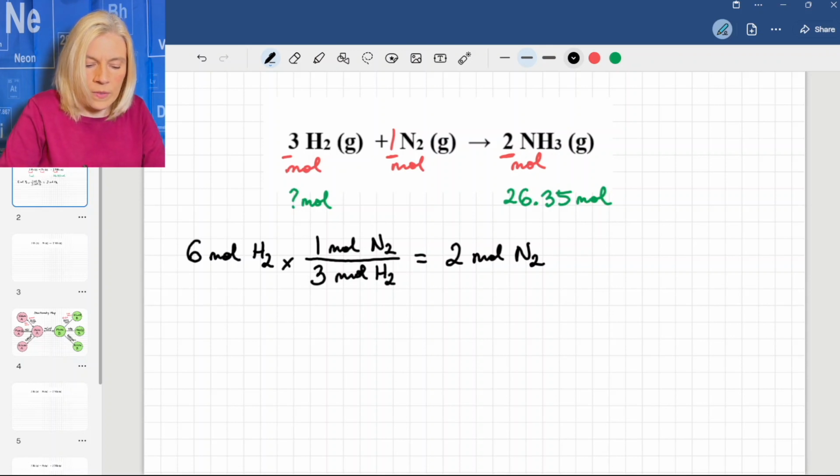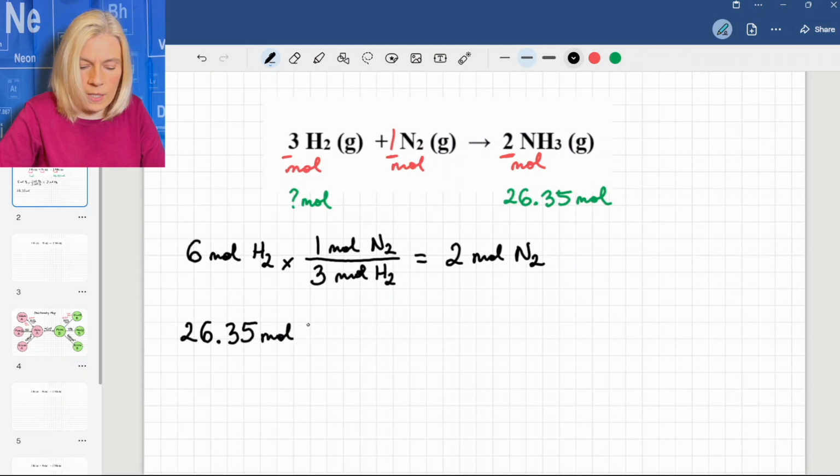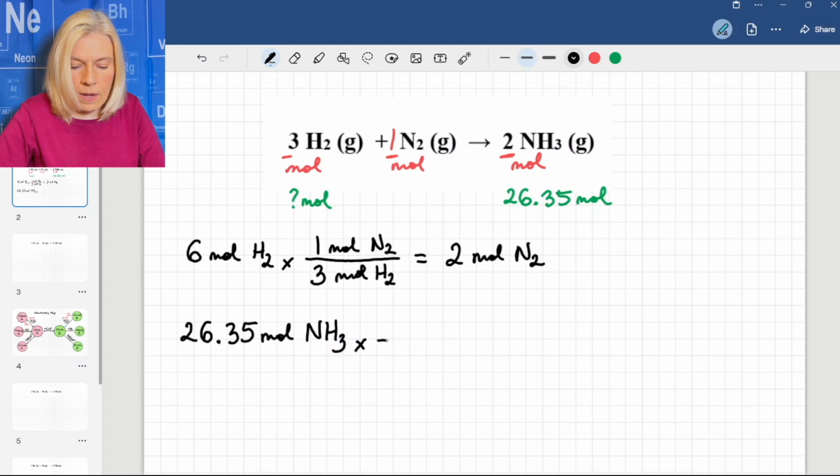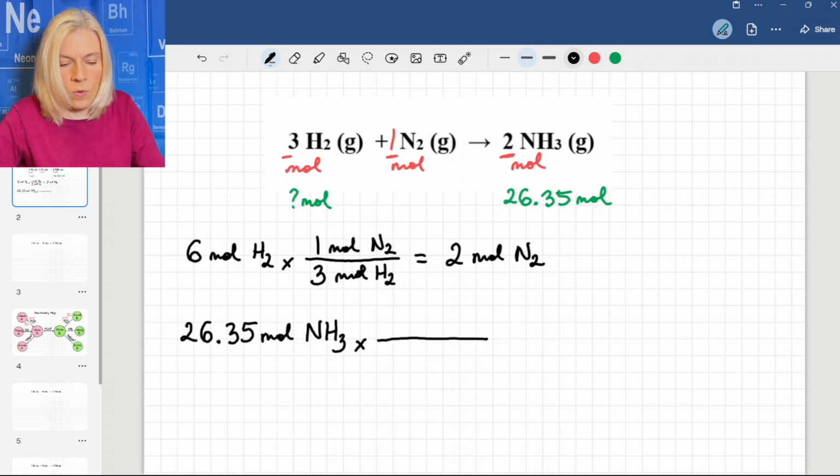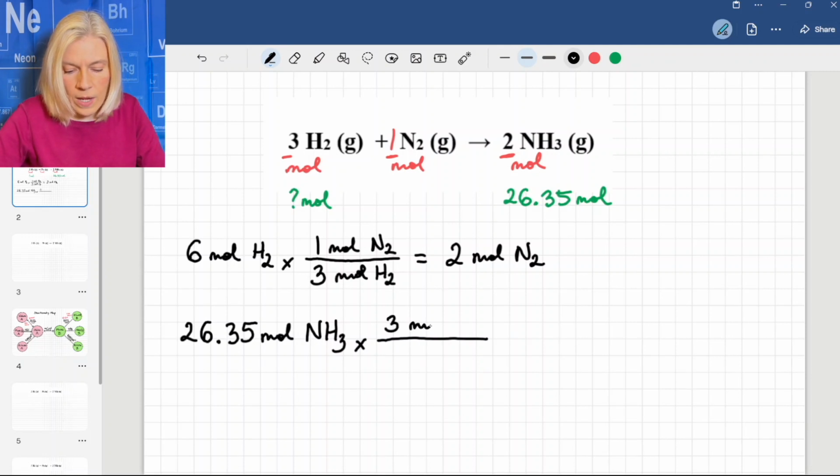What do we have? We have 26.35 moles of ammonia, NH3. And now I'm going to look at my mole-to-mole ratio. So there are 3 moles of hydrogen I used up for every 2 moles of ammonia produced.